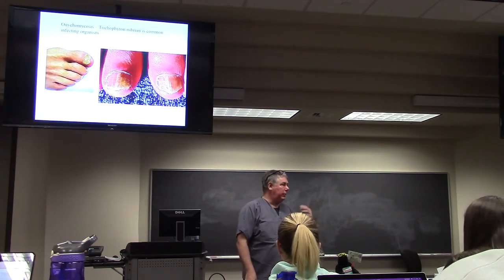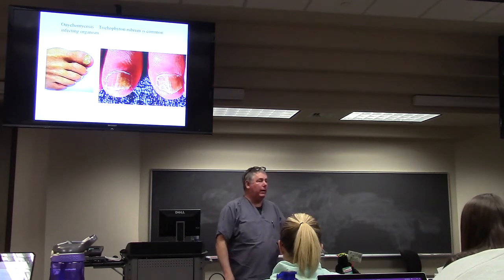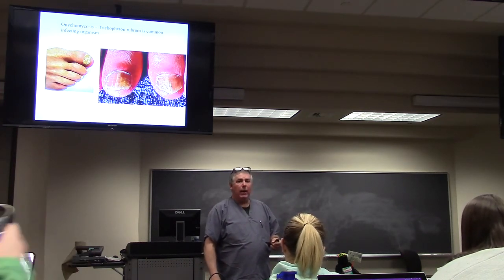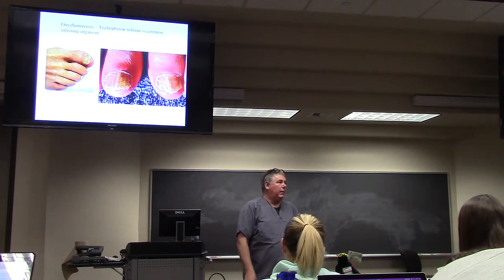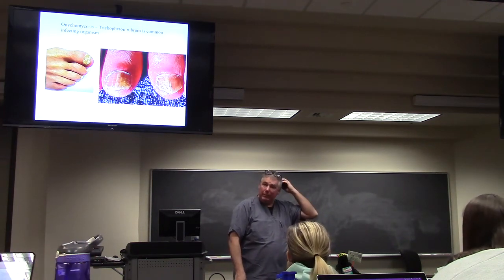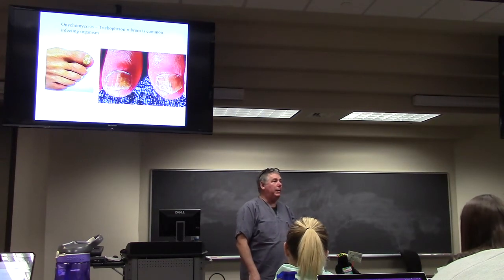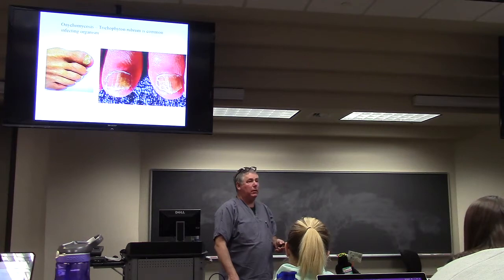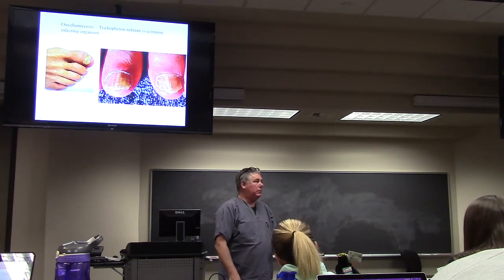Lamisil pills are the pills to take. You have to take them for 3 months, but most of the time it'll come back. Because Lamisil has a side effect of liver damage, I usually try to talk people out of it. Just live with it.